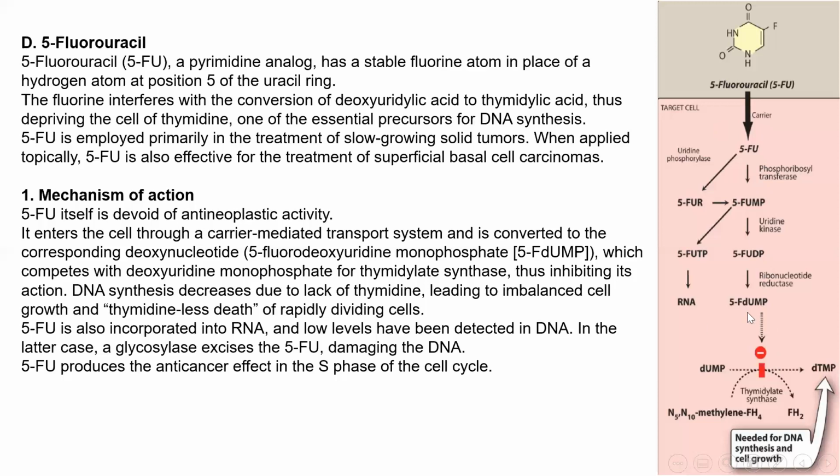This one is a competitive inhibitor with dUMP, deoxyuridine monophosphate, for thymidylate synthase. So it inhibits thymidylate synthase, there is no more conversion to thymidylate or thymidine, and this causes deprivation of thymidine, an essential building unit for DNA.